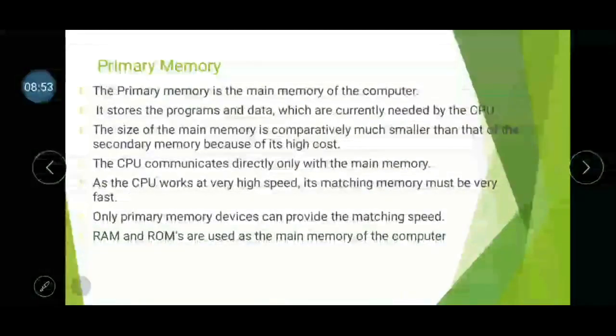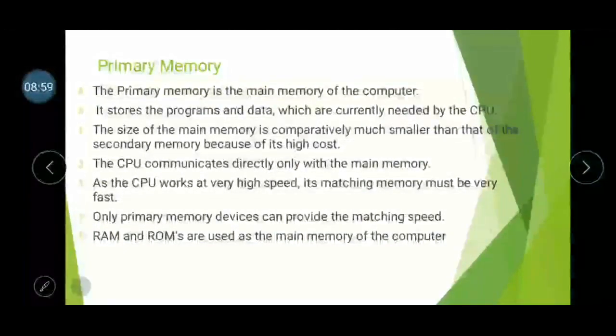Next, the first type of memory, primary memory. The primary memory is the main memory of the computer. It stores the programs and data which are currently needed by the CPU. What is meant by currently needed by the CPU?